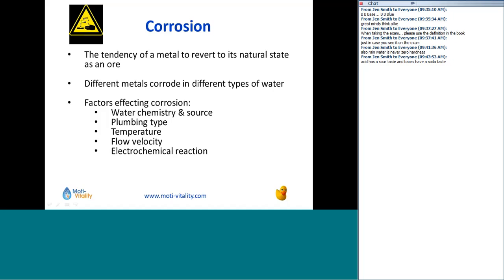Electrochemical reaction, though, is one that a lot of people don't think about, but it absolutely will cause corrosion. I have actually seen a lot of houses that have major problems with their copper plumbing or their metal plumbing because of electrochemical reaction.